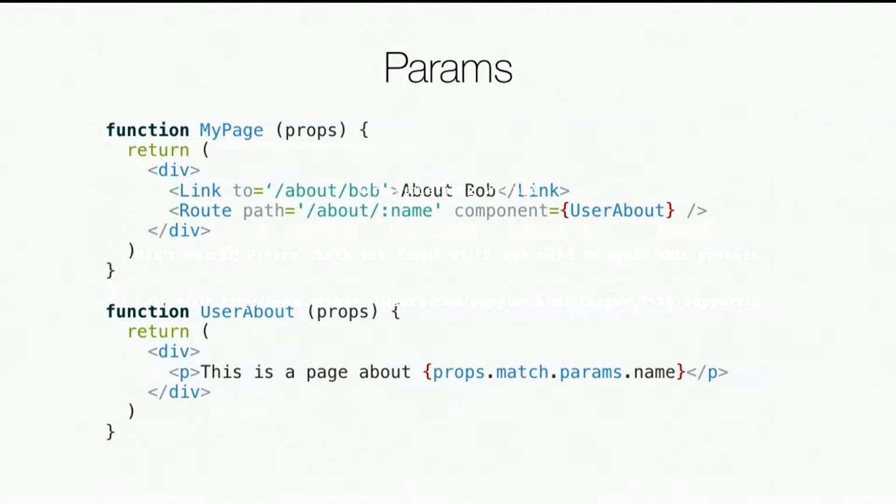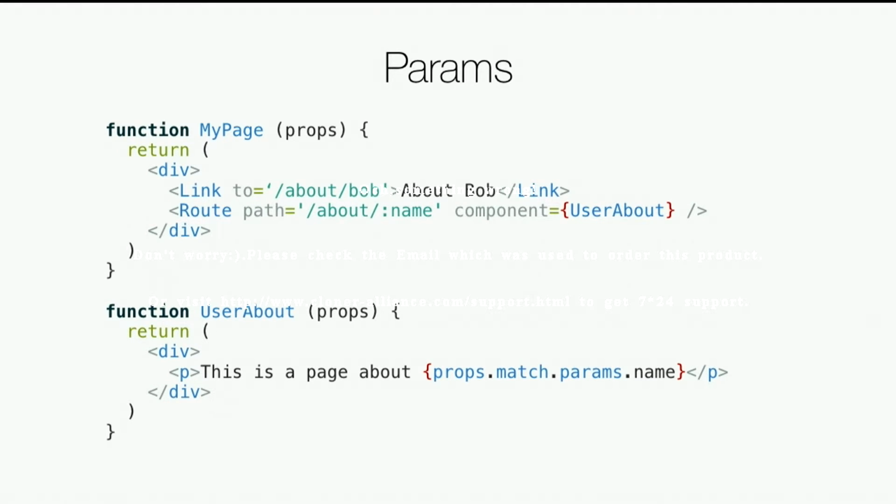So in this particular component, you can see we've got a link that goes to /about/Bob and says about Bob. And then we have a route, which matches /about and then this weird colon thing, name. Has anybody seen anything like that before? That's what's known as a URL param.